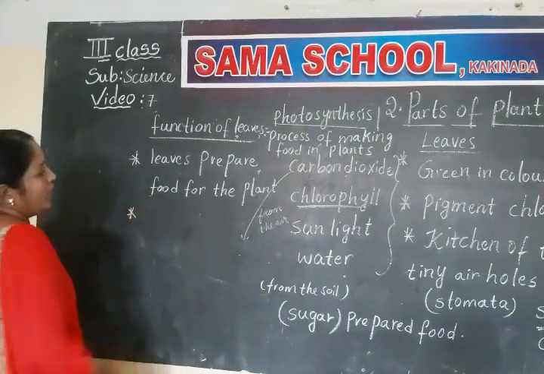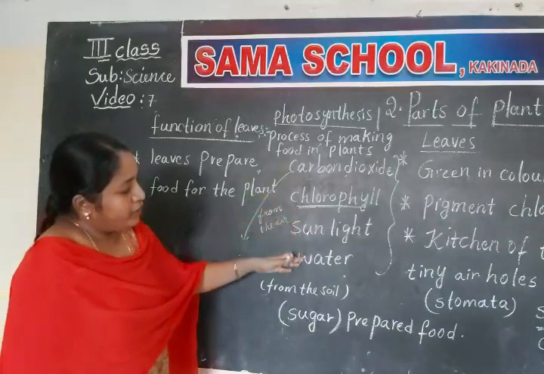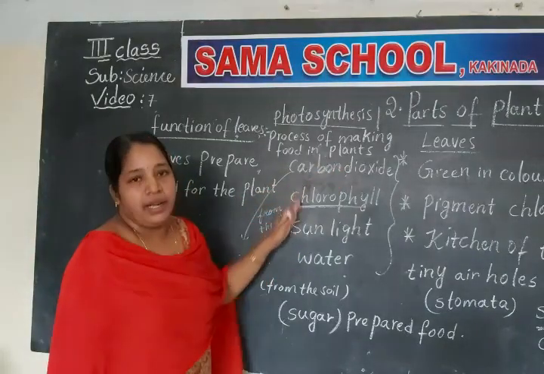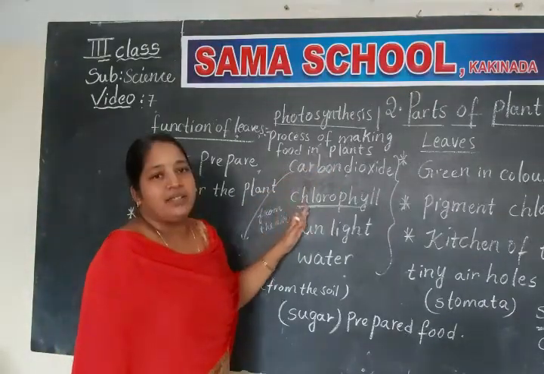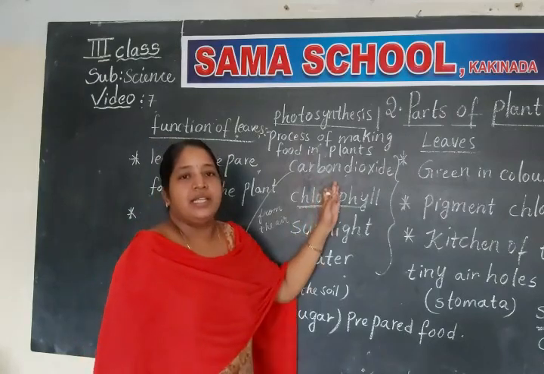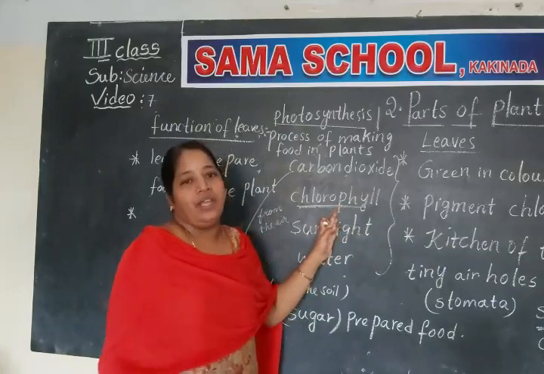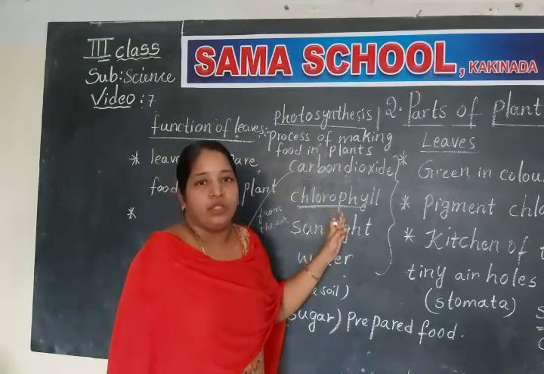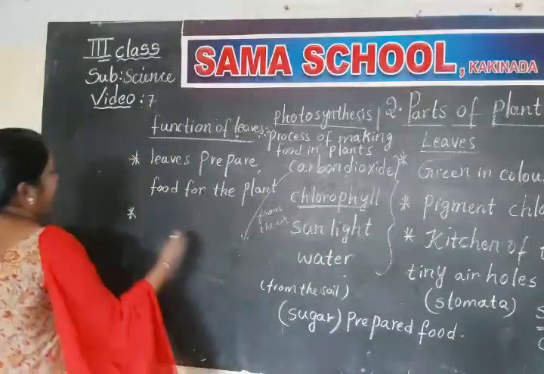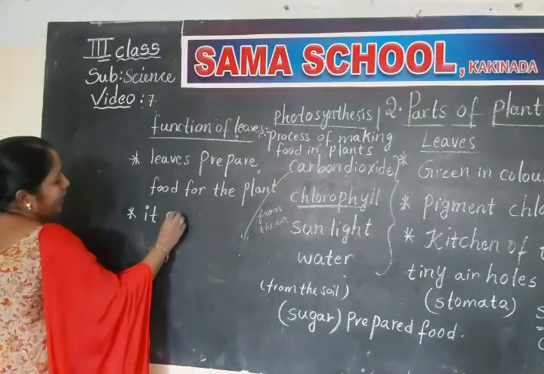Okay, and next one, when it is preparing its food, it uses carbon dioxide, and what does it release? Oxygen. It releases oxygen, and oxygen is very important for all living things to survive or to live on the earth.